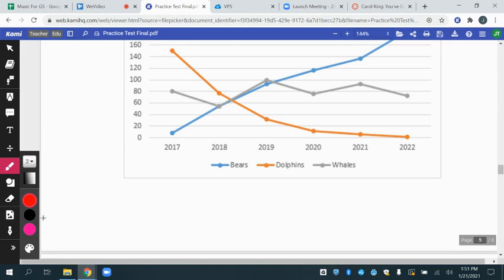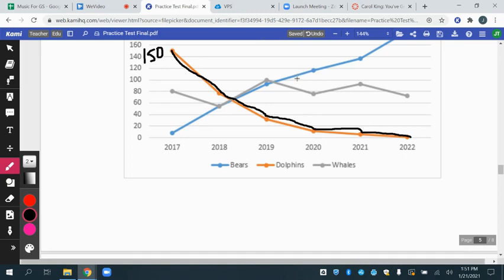And it goes down steeply. And then as time goes by, they lose fewer and fewer, but they've all already lost so many that there are 0 left at the end. So this is a curved line. But from 2017 to 2022, they lose all 150 dolphins in this particular place.